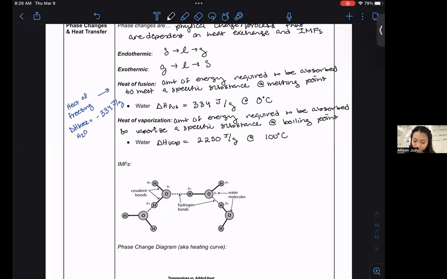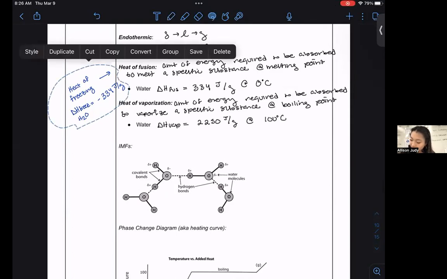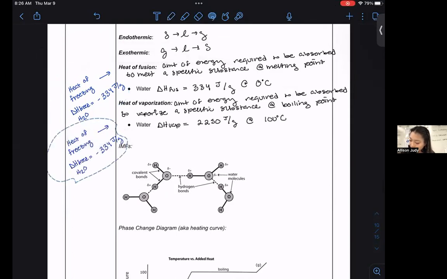Of course, we have a similar thing here, if I can't mess up the wording again. The opposite of heat of vaporization is heat of condensation.